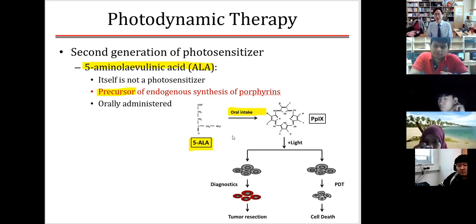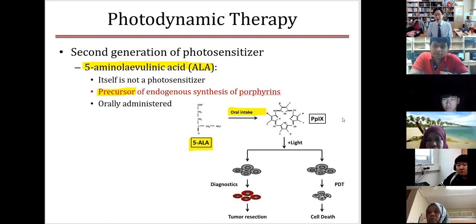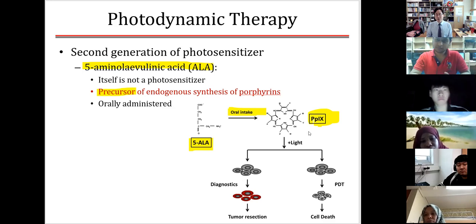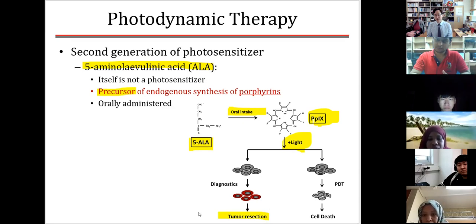Once you take 5-ALA, it goes to the liver, and in the liver, it is used for generating the porphyrin, which is shown here. And then this porphyrin can interact with the light so that it can kill the tumor.